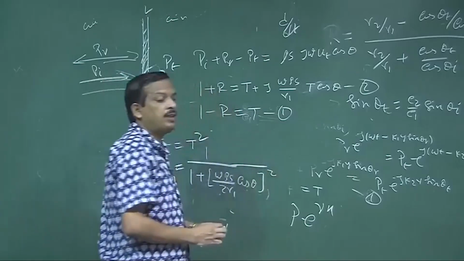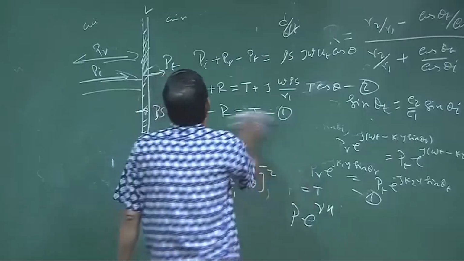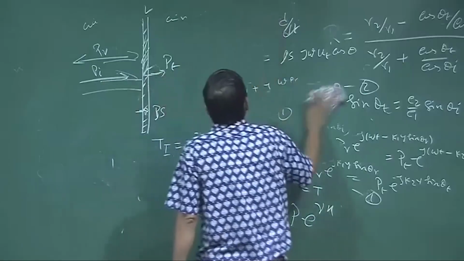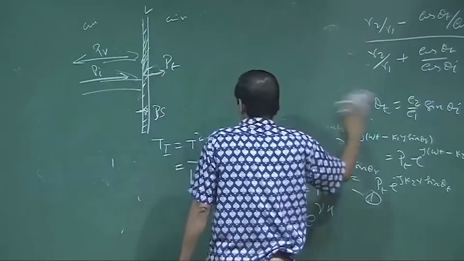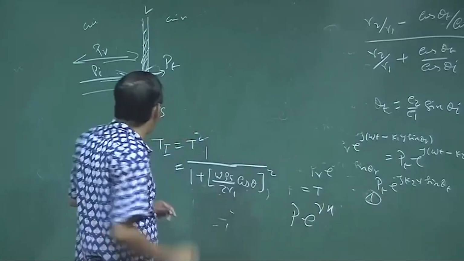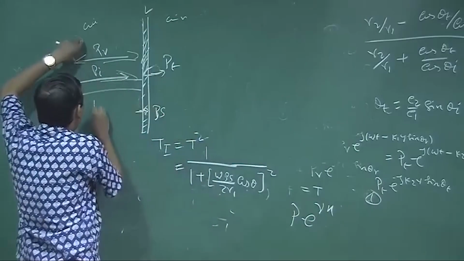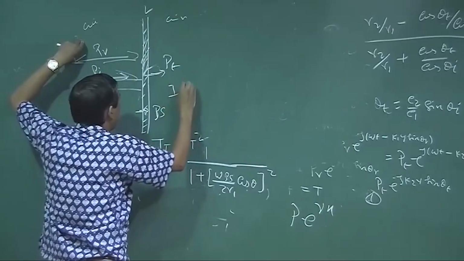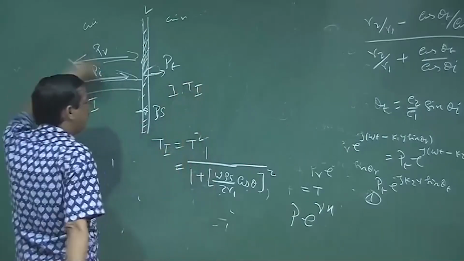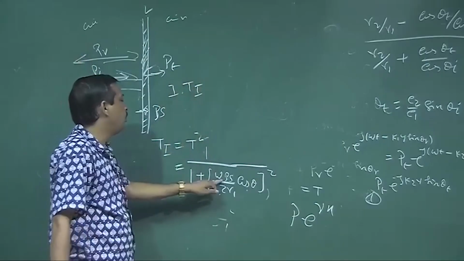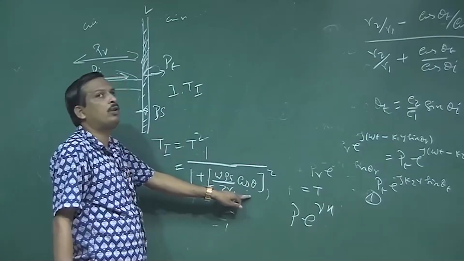So, this is the transmission coefficient in the second room. This is the transmission coefficient. So, if the incident is I, then the transmitted will be I multiplied by Ti.